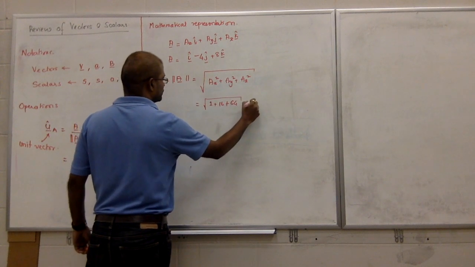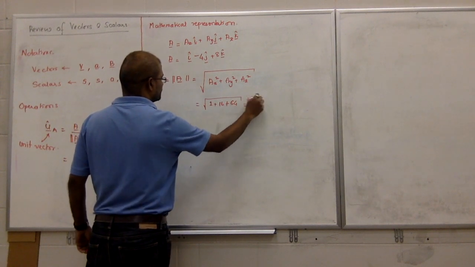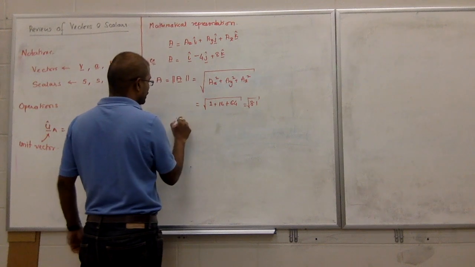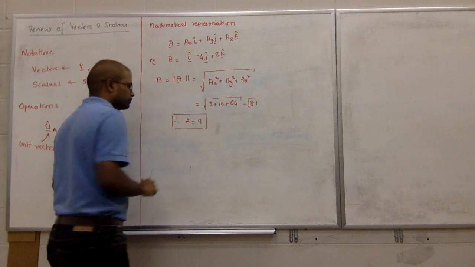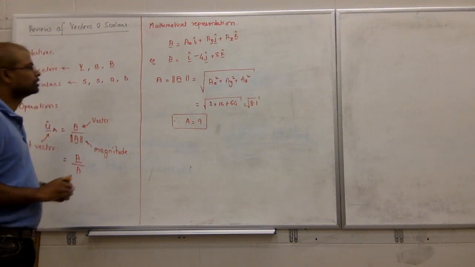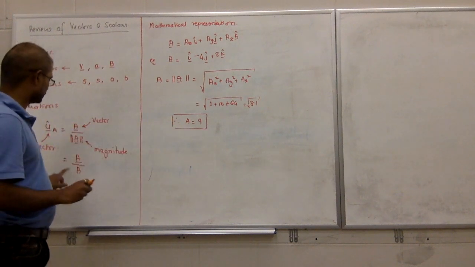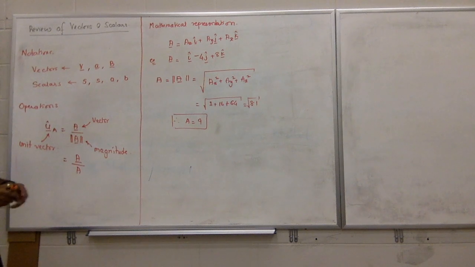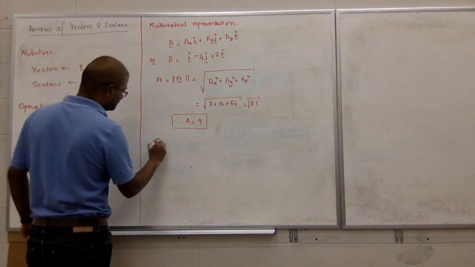This is 81. So A is 9. Okay. This is this part. Now, what is U_A?